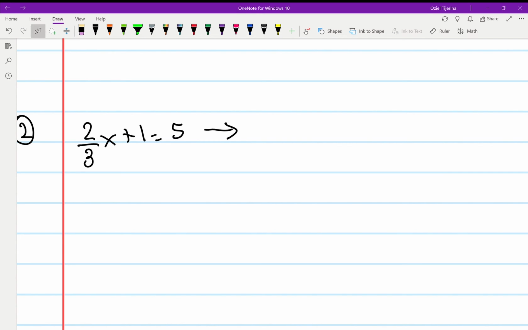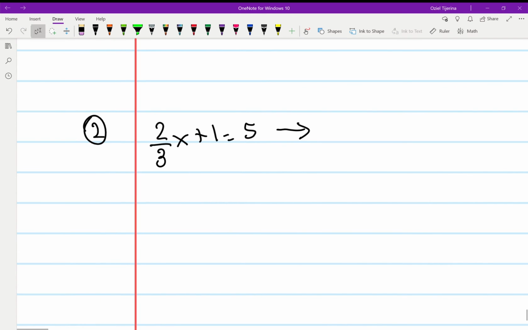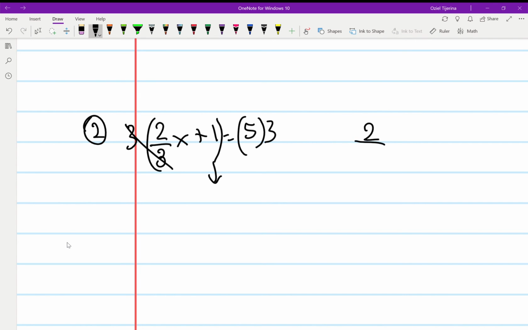We can just multiply all of this by 3, because that way this is going to cancel out, okay? Just remember this trick: if you have a number on the bottom and you multiply by the number on the bottom, it's going to cancel out.